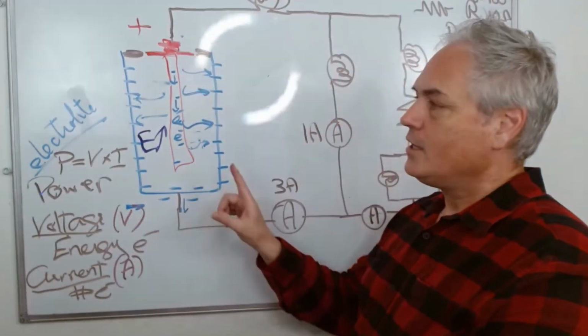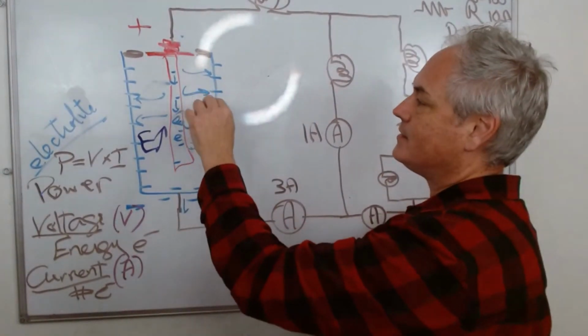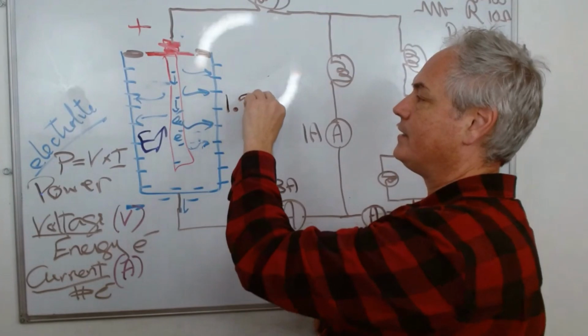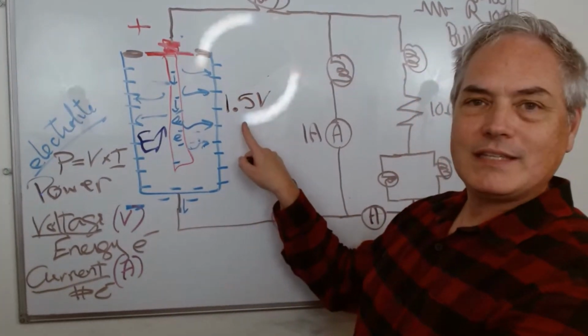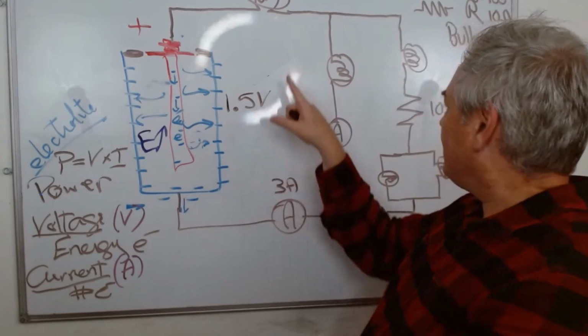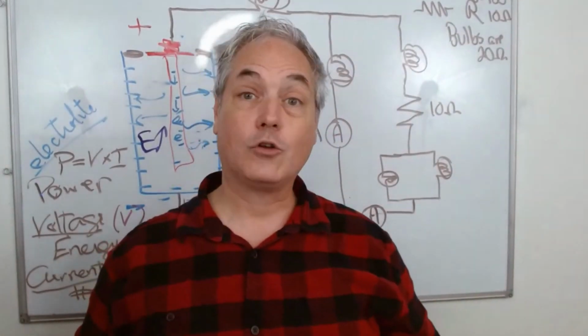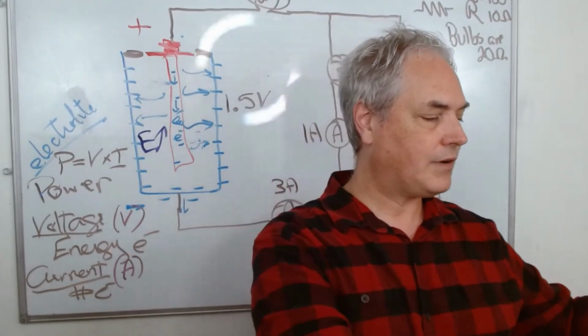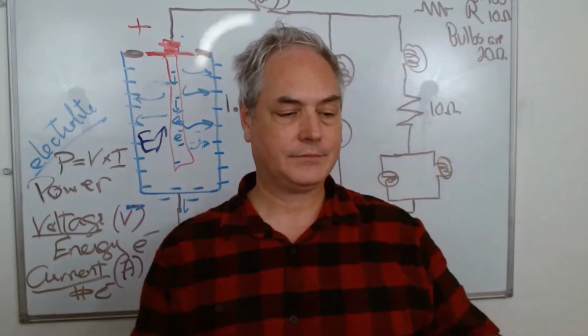So we know here we have one cell, let's say it is 1.5 volt. That's the first thing to keep in mind. When a circuit looks complicated, the best thing is to find a way to simplify what you have.